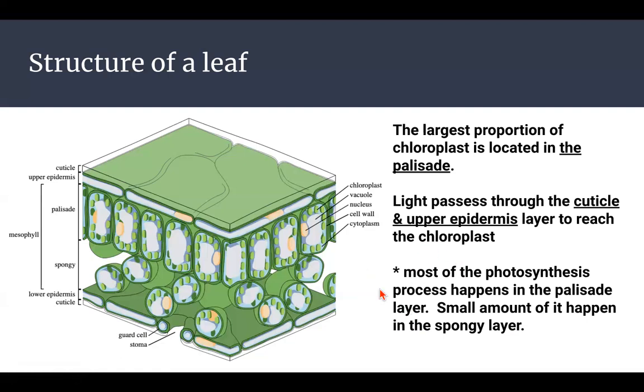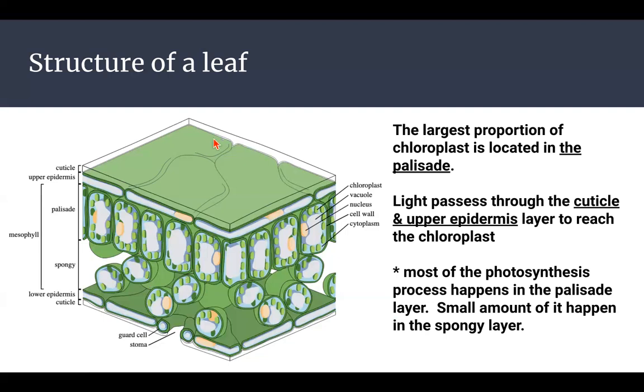Okay, so most of the photosynthesis, as you can predict looking at where the chloroplasts are, happens in the palisade layer. And then we also have the spongy layer, which are circular, and there is a lot of space for gas to flow through to the palisade layer. They also have a tiny bit of chloroplast.